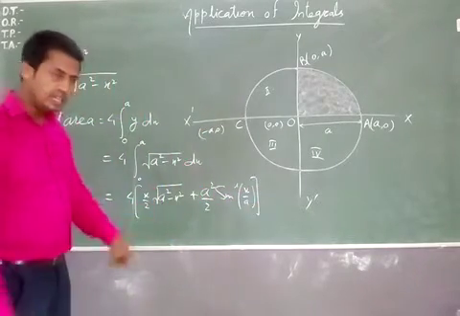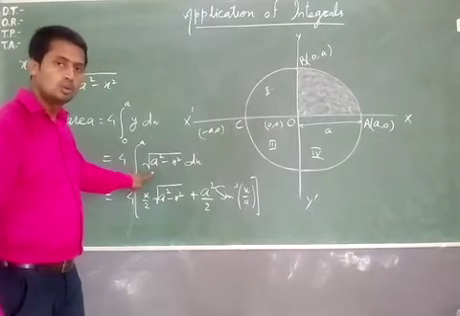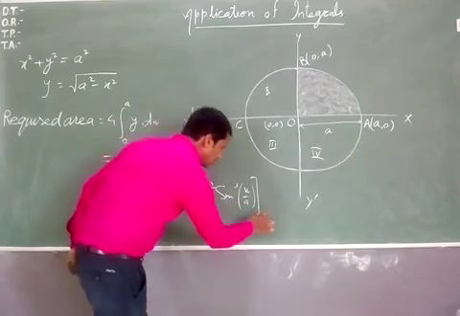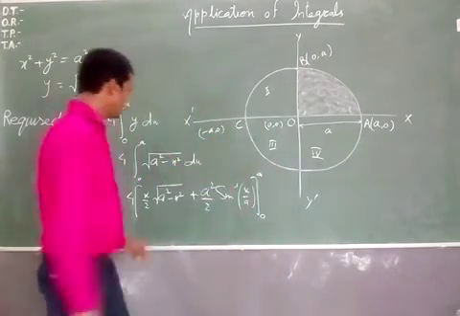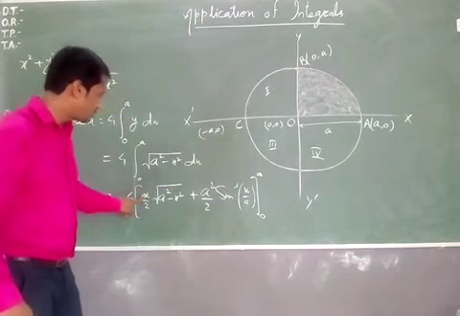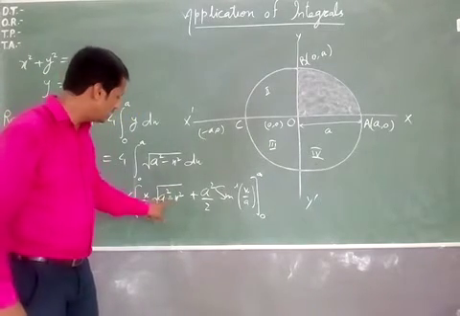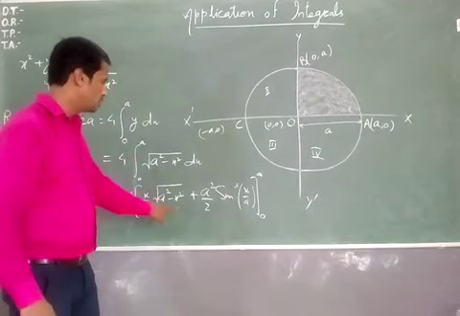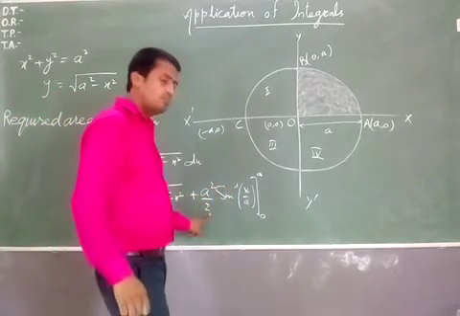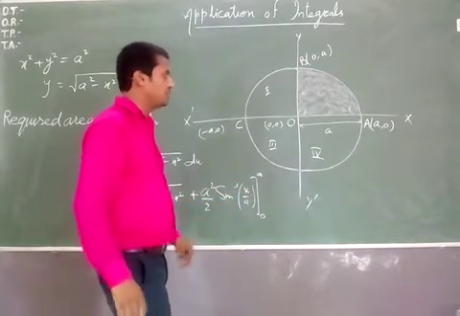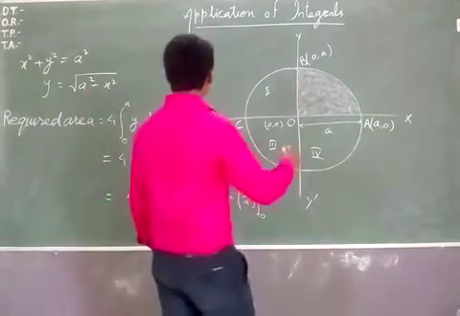This is called the integration of root a square minus x square at the interval 0 to a. If I substitute x equal to a, we get a square minus a square, 0, then we can write here 0, a square by 2, a by a equal to 1, sin inverse 1 equal to pi by 2.